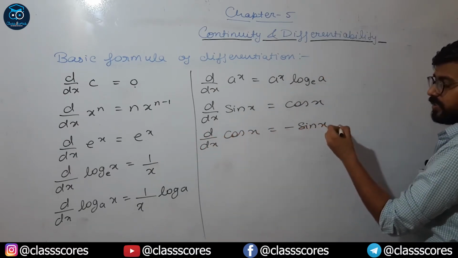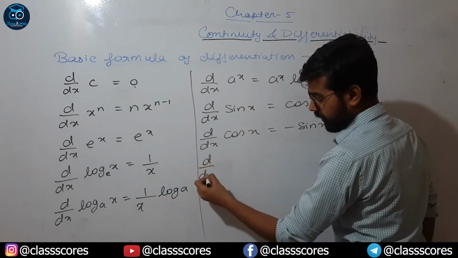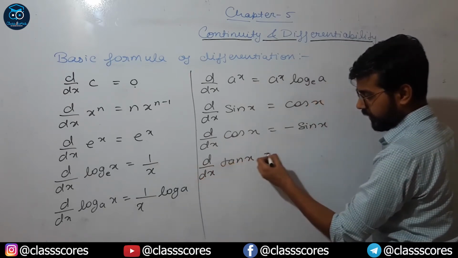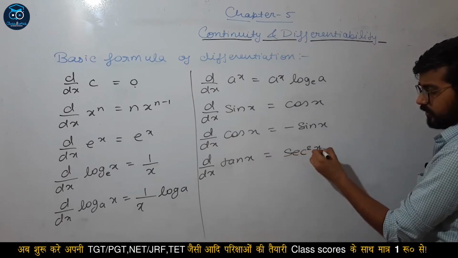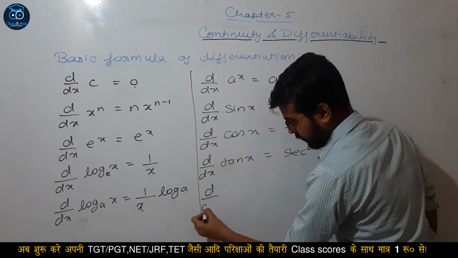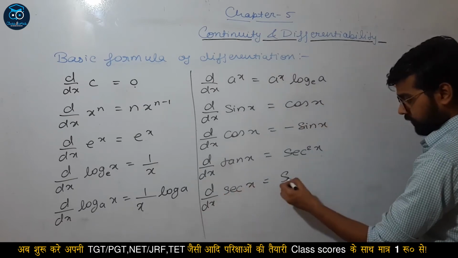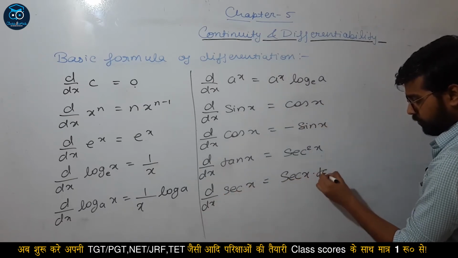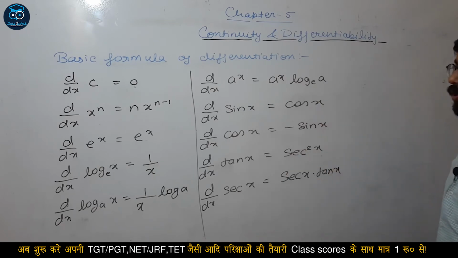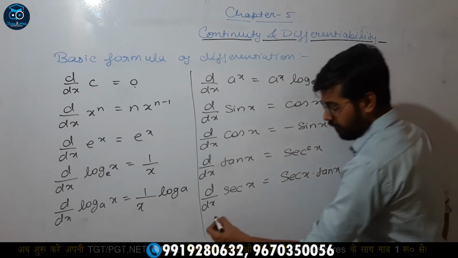Now d upon dx of sin x is cos x, d upon dx of cos x is minus sin x, d upon dx of tan x is sec square x, d upon dx of sec x is sec x tan x. These formulas you can derive with the help of the first principle.